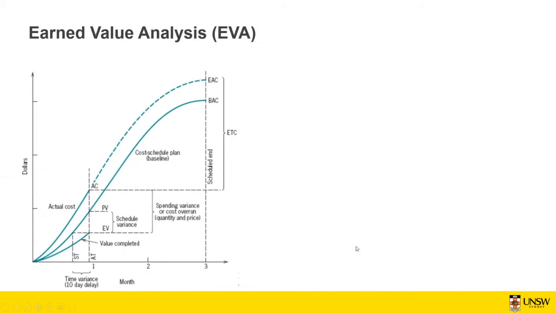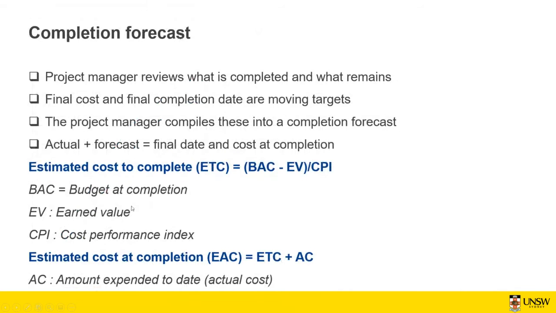So based on the slope of differences between the AC and EV, which is included in the cost performance index, you can predict how much is going to be completed by the end of that project. This method of estimated cost to complete is the simplest method and simplest calculation.